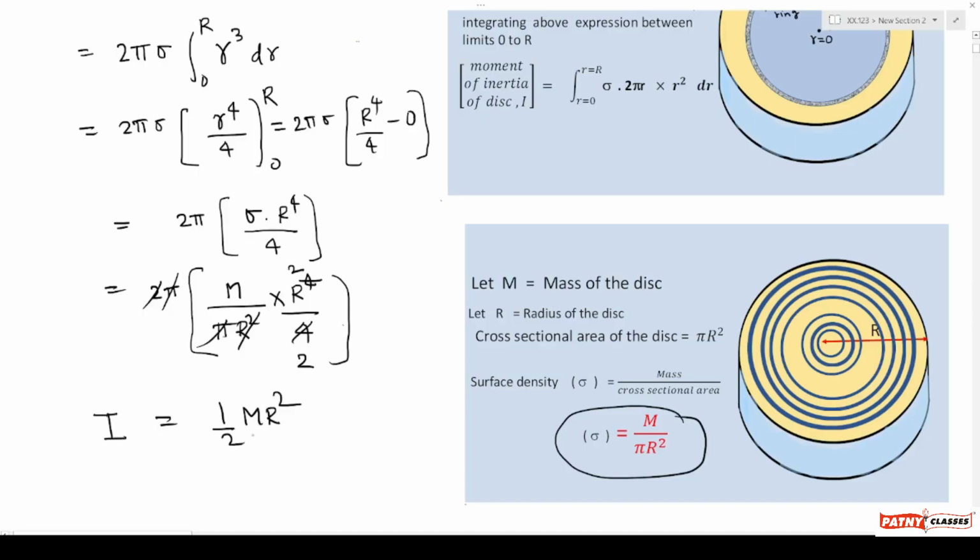Therefore, the moment of inertia of the entire disc equals half m R square, or we can also write it as m R square divided by 2.